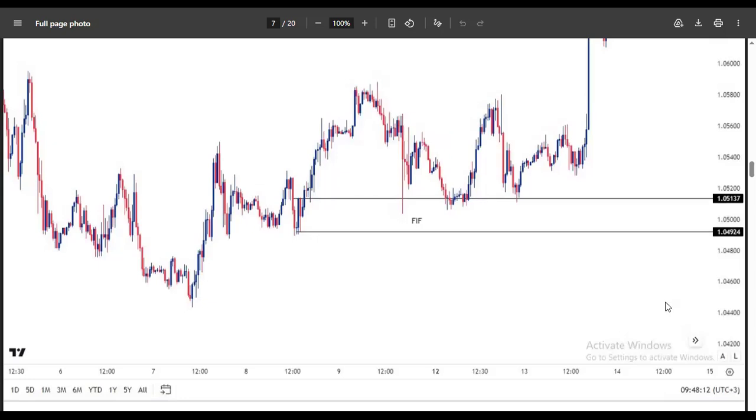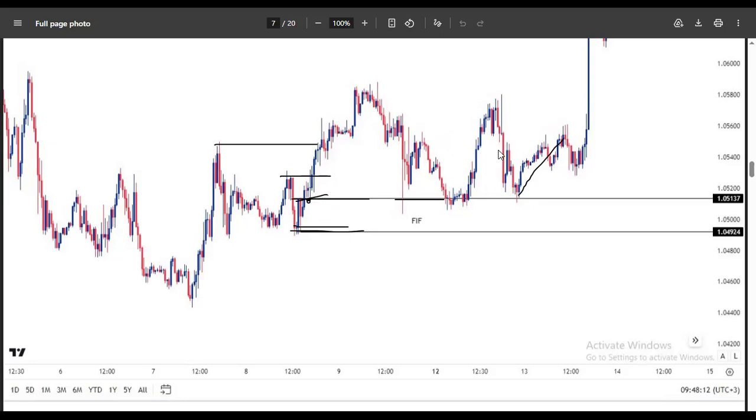Actually, on formation entries, you can see this here after the break. Inside that, this is a formation. This is a big formation, and inside that we had another formation. The market consumed a little, but it was not 50%, and then the market came for the second time, activated our entry, and then we took that.